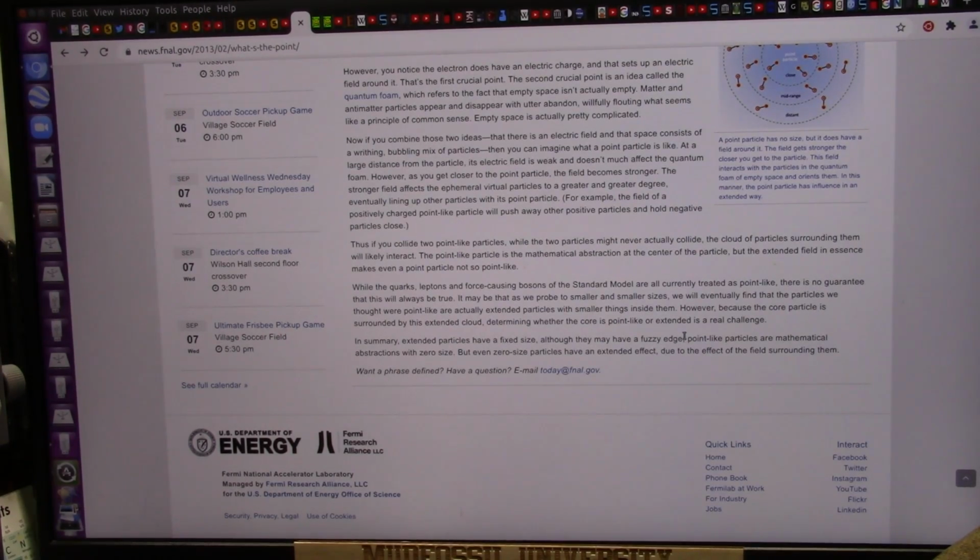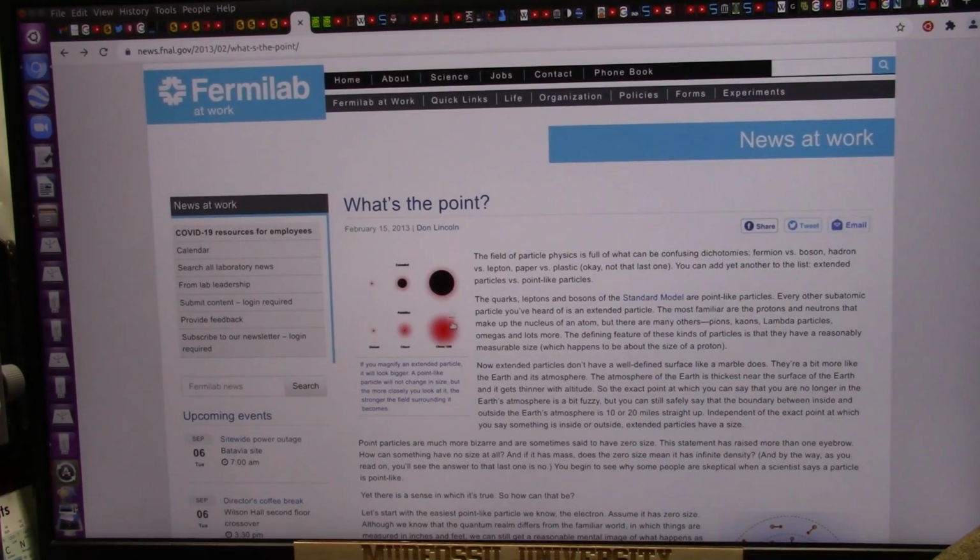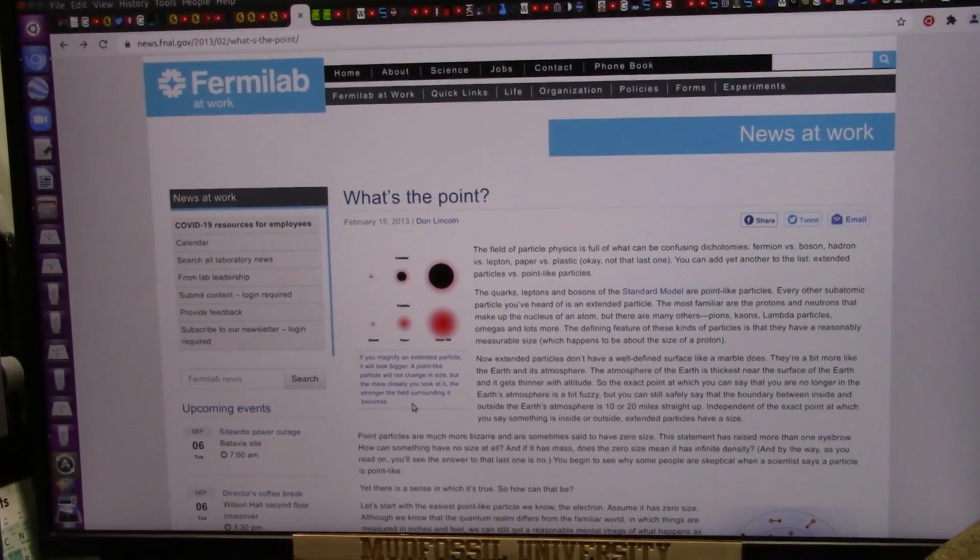Yes, they do, which is the glowy one. I'll show you in a second. Point-like particles are just mathematical abstractions with a zero size. So apparently there's no size to them, but they do have a field. So even zero-sized particles have an extended effect due to the field. Now I find it hard to believe there's nothing there, but it's possible. However, I can tell you, we found the particles, and here they are.